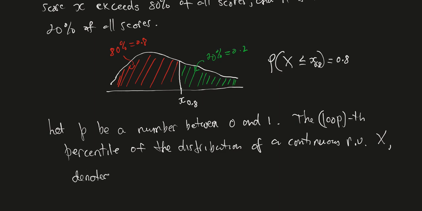Just making it more general now, it's going to be a little x, and we're going to put the p right there. In this case, our p was 0.8, and that is our number between 0 and 1. So this is our notation, and this is how it's defined.